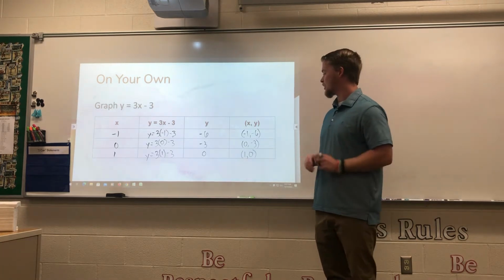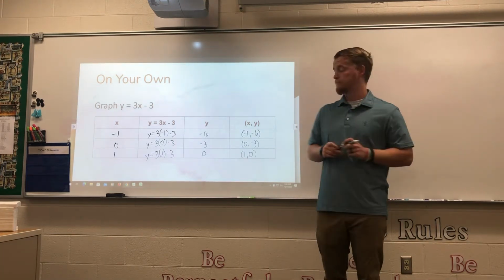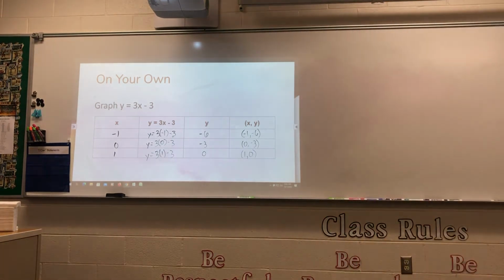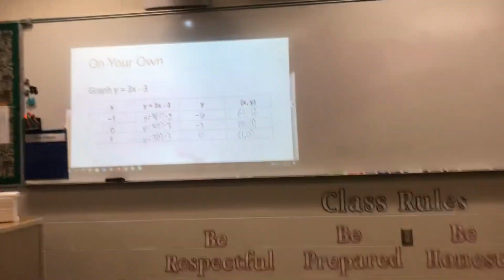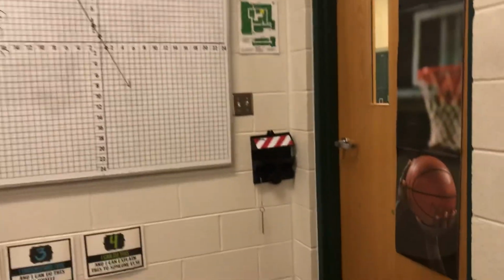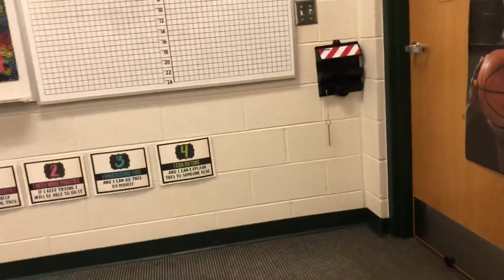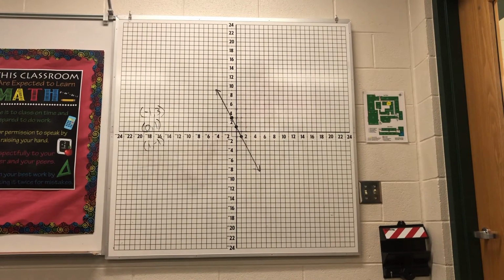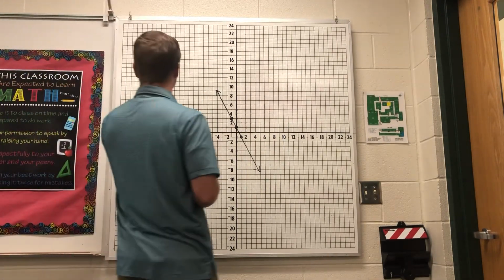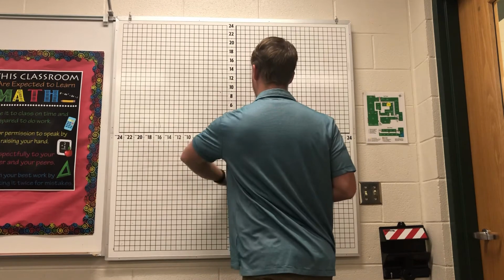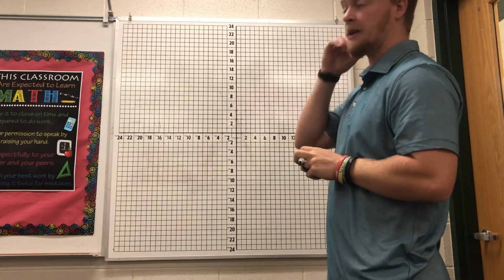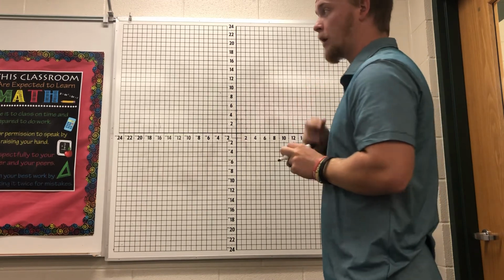So again, then I will just go over to the coordinate plane and graph those three ordered pairs. So again, my first ordered pair you should have had written down already. So the first one is -1, -6.